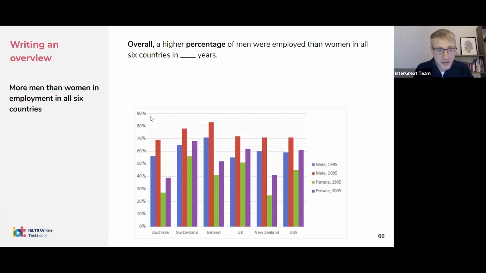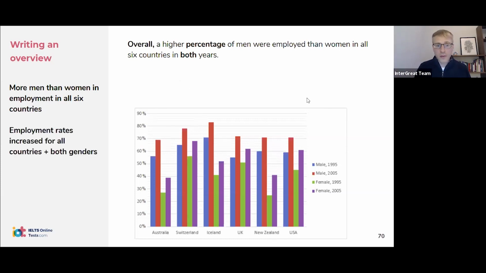Sorry guys, very cold here in Scotland, so I've got a bit of a sore throat. Let's see. Very good, Tran, both, exactly, in both years, right? You're talking about 2 separate specific years. Okay. Overall, a higher percentage of men were employed than women in all 6 countries in both years.